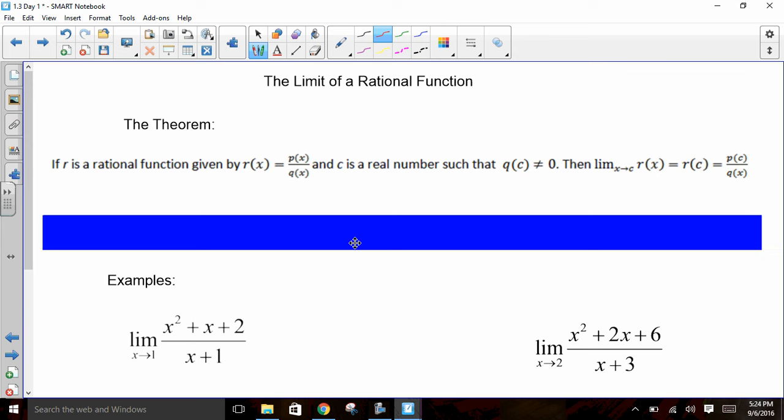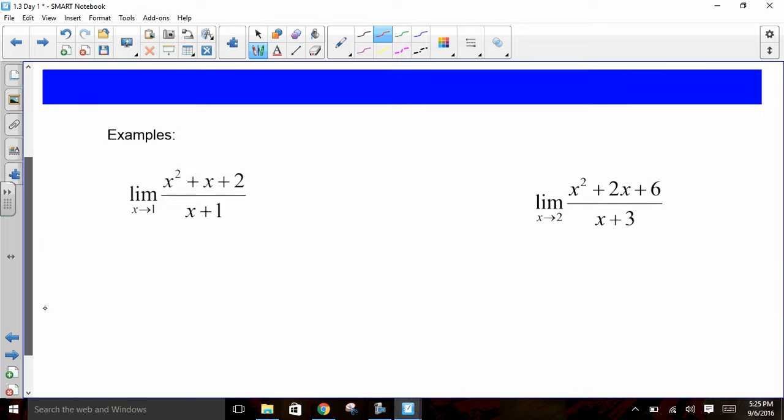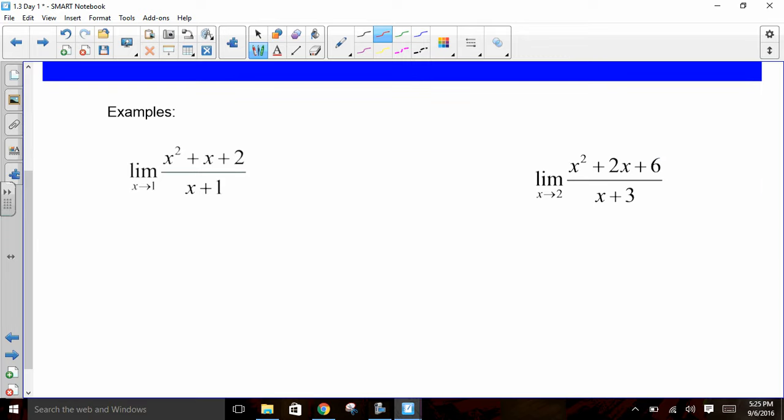So this is saying that now that we've applied this to regular functions, when they are possible, I can now also associate it with fractions as long as that limit number does not make it undefined.